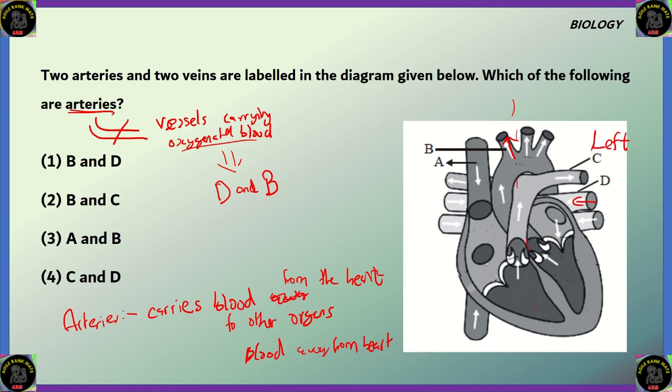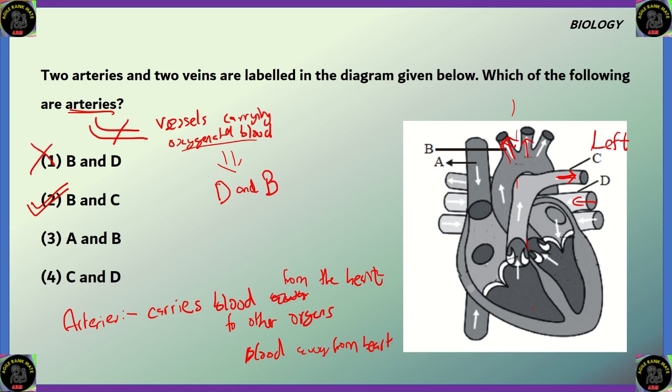So if we look at the diagram, we can see that in the part B and in the part C, blood is being carried away from the heart. That is, B is the aorta and C is the pulmonary artery. So that means B and C are the arteries in the given diagram. So option 2, B and C is correct.